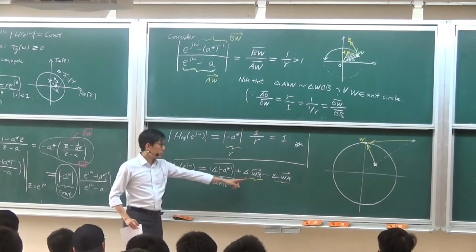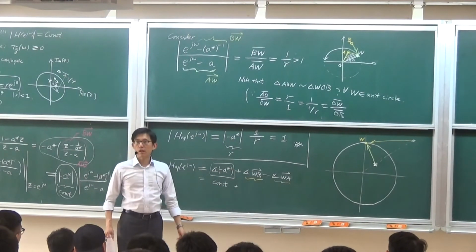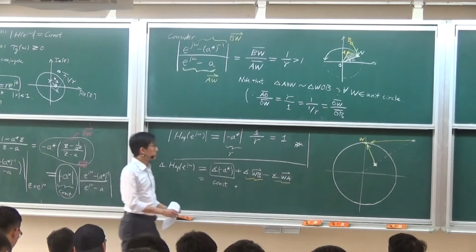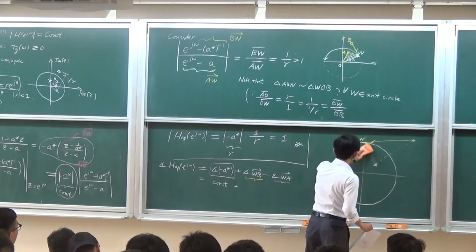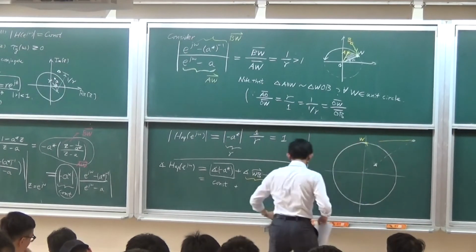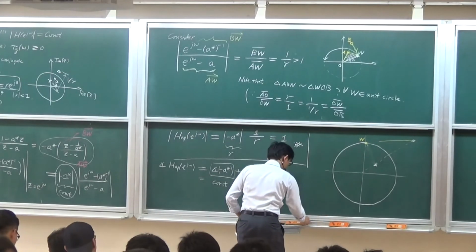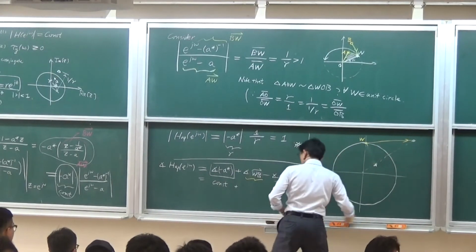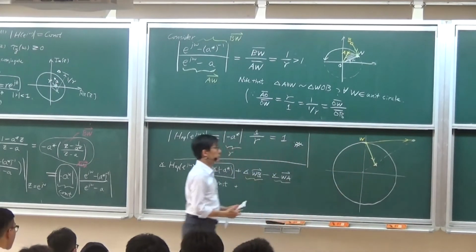Oh yes, because the phase of WB is simply the phase of PW plus pi. So yeah, we can do this. Easier to take a look this way. If you look at it this way, the arrows are pointing nicely out from W to B and to A. So this is easier for discussion.